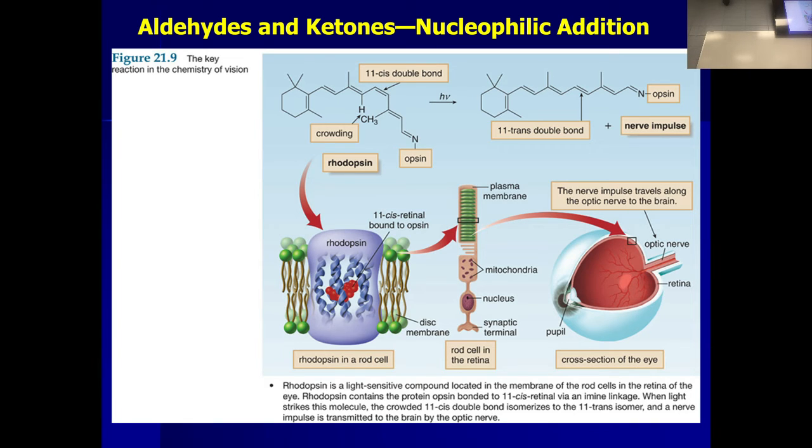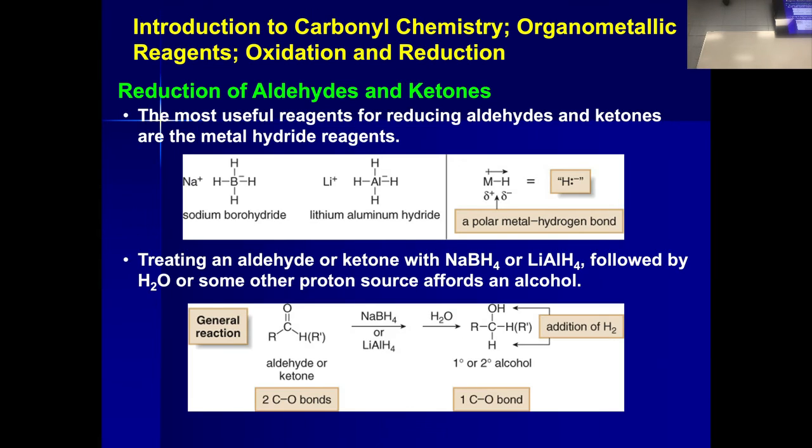Your eyesight depends on imine formation, and it also depends on the fact that that's reversible. If it wasn't reversible, you'd see for a few seconds and then you'd be blind the rest of your life. Not much of an evolutionary advantage to that. Okay? So having this type of functional group makes a lot of sense here because it's perfectly reversible. Any questions about that?